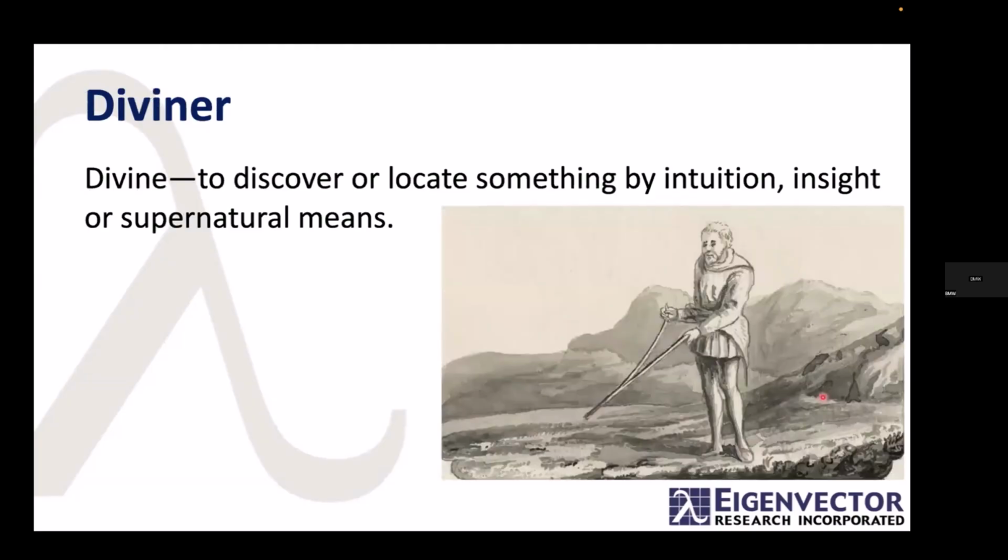And of course, a diviner was a person who would go out and look for, for instance, water, like where to dig a well. Here you see a 15th century woodcut of a diviner with his divining rod. And for us, it's all of these modeling options that we have: which of those should we use? And okay, we'll attack that with the lambda, I guess.